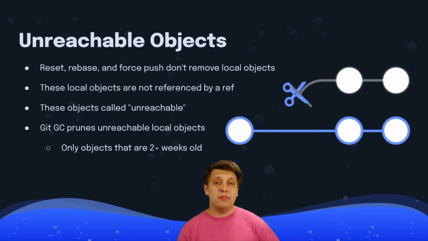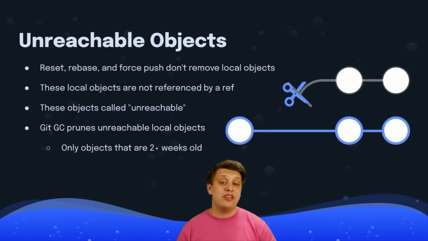While git reset can be a beneficial tool for updating a ref, it is important to note that local objects are not modified. This means that even if you're doing a rebase or force push, you are still able to track your objects in the object folder. They haven't been removed. However, because they're not referenced by a ref anymore, for example, they're not part of a branch's log, they're called unreachable objects.